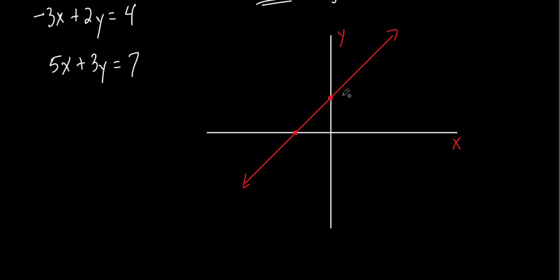All right, now let me talk about this point right here. If I wanted to figure out what the ordered pair was, now I didn't say how far I went up, right? I could have gone up 1, I could have gone up 2, 3, 4. I don't know how far that is. But I do know if I start here, what do I do first to get up to that point? I got to go x and y. Remember, this is x and y? Okay.